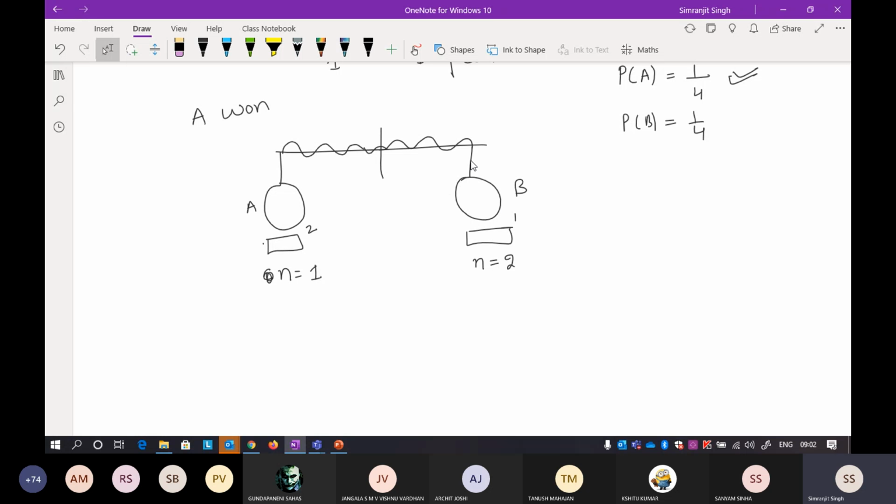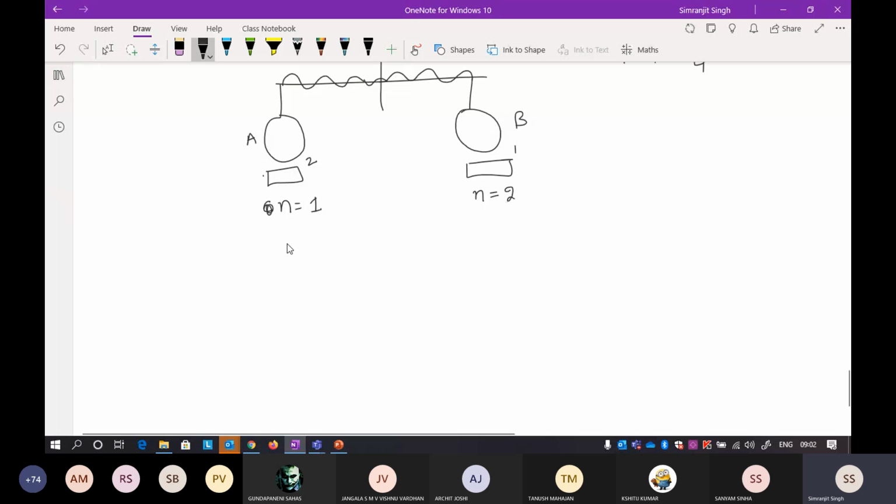It has collided with A before with the first packet, and now it has collided again with A's second packet. So that is why I'm writing here 2.